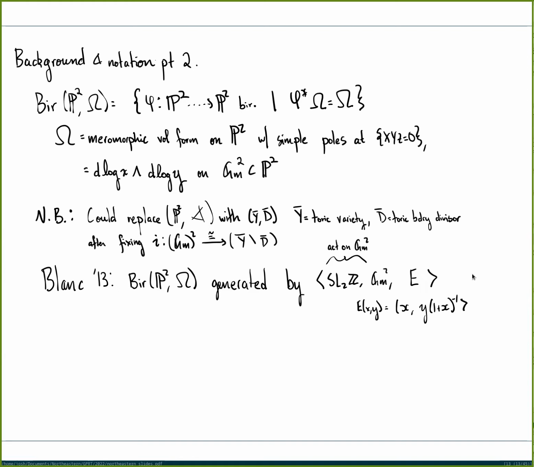I don't know if I've chosen anything, but it acts. So this preserves the torus sitting inside of P^2, and then this G_m squared just acts by scaling, so (x, y) goes to (lambda_1 x, lambda_2 y).